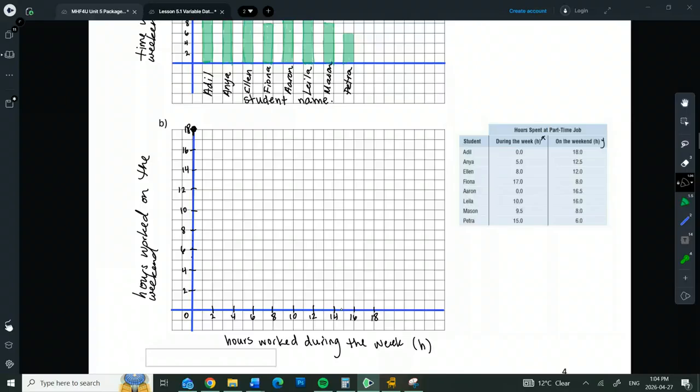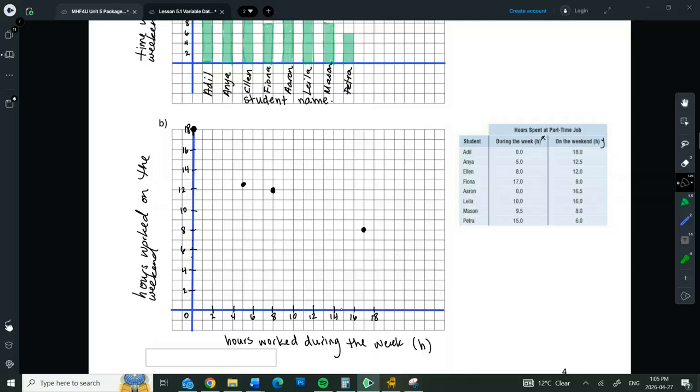And then they worked 5 hours during the week and 12.5 on the weekend. So 5 and 12.5. And then 8 and 12 for the next student. 17 and 8. So 17 and 8. Then we have a point at 0, 16.5.